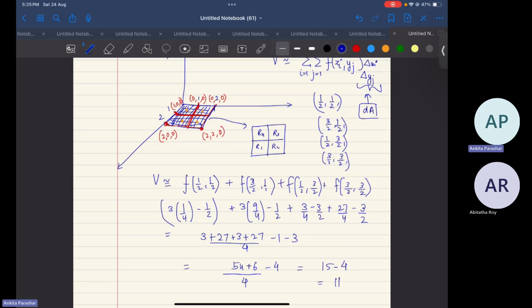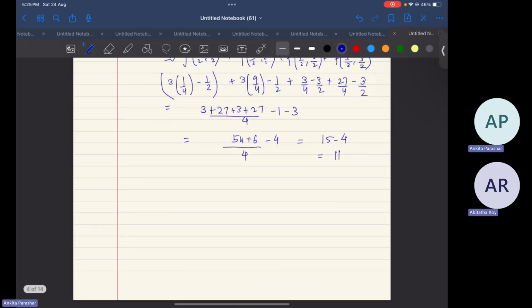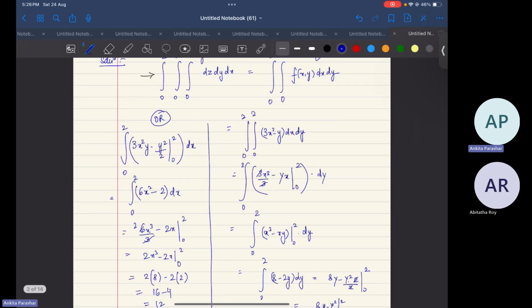Is that okay? Yes. So the volume we approximately got is 11, and you remember what the exact volume is?